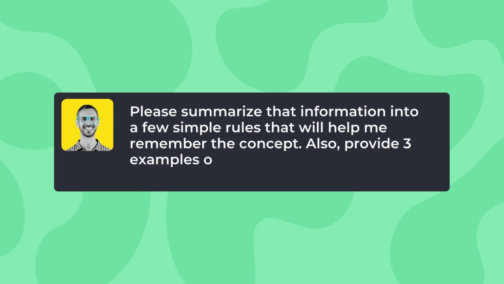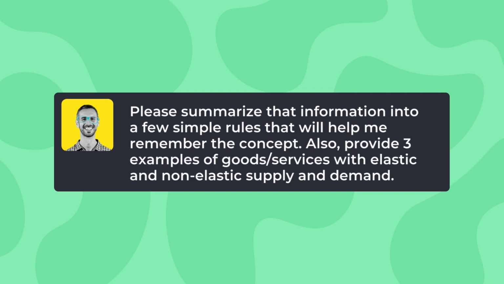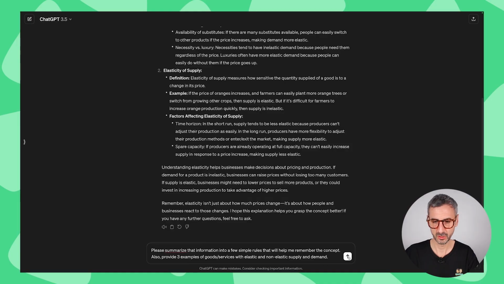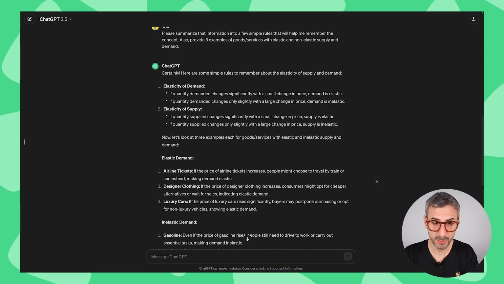Please summarize that information into a few simple rules that will help me remember the concept. Also, provide 3 examples of goods or services with elastic and non-elastic supply and demand. Okay? So let's run this prompt and see how ChatGPT can summarize this concept for me. If quantity demanded changes significantly with a small change in price, then the demand is called elastic.